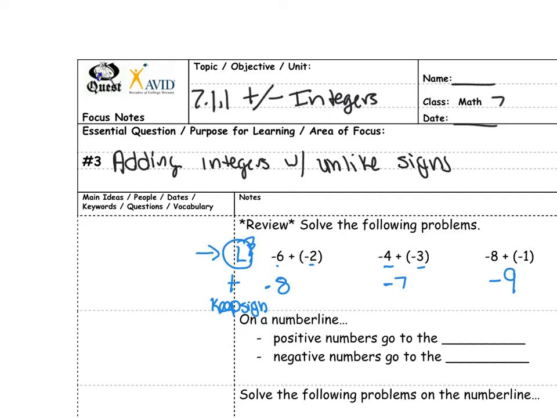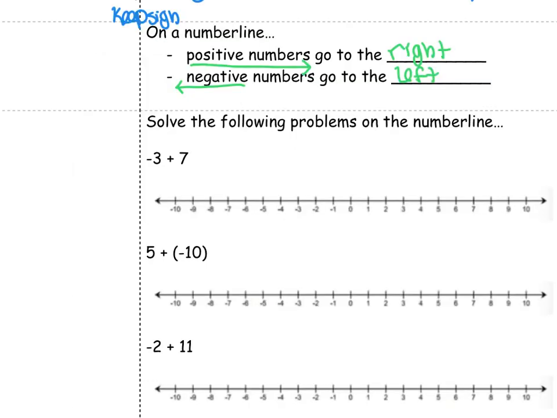On a number line, the positive numbers go to the right, but if it's a negative number, it will go to the left. So positive numbers get us more, where negative numbers get us less. If we were adding using a number line, we start with whatever the first number is.